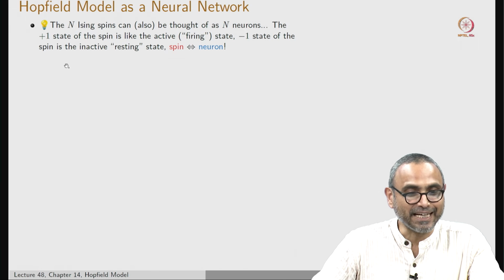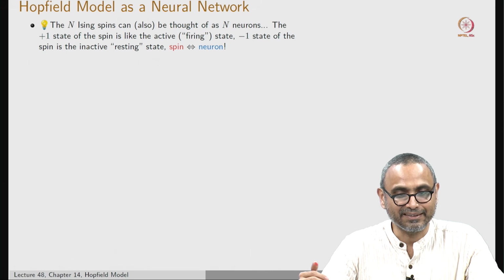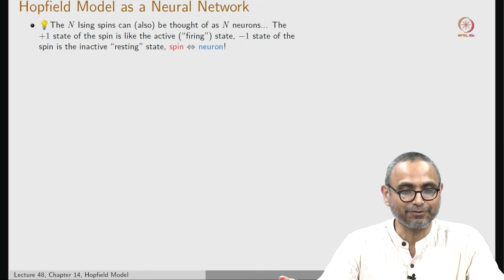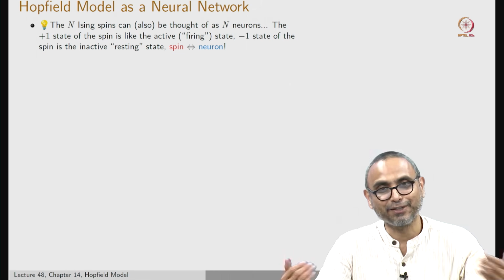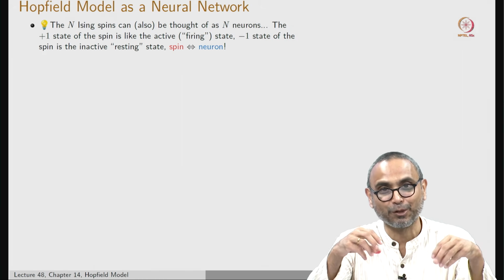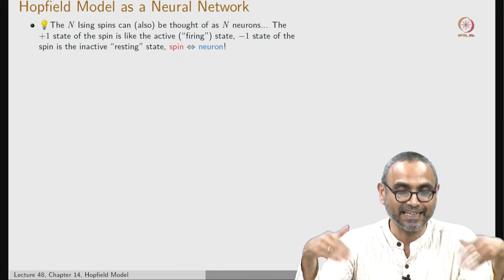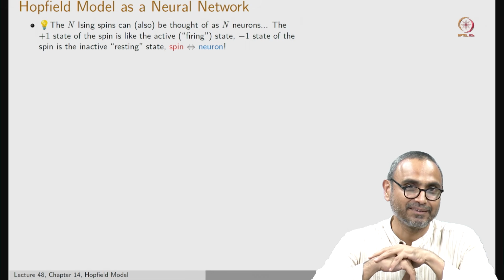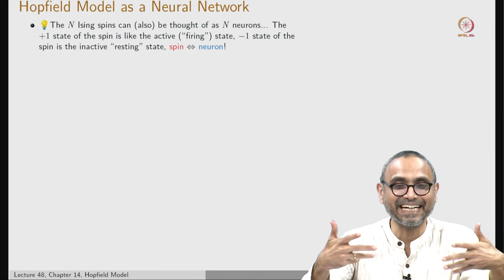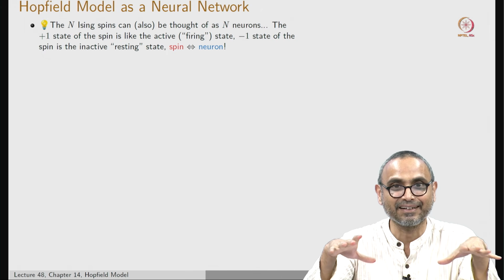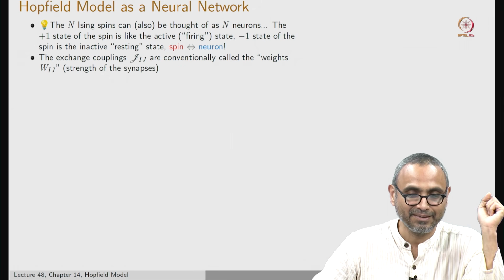The +1 state of the spin is like the active state of the neuron, and the -1 state of the spin is the passive state of the neuron. So in this Ising model, we are now thinking that the spins are also states of neurons. The state of the spin is like the state of the neuron. So when you give me an image, you map it to the spins, and that will initiate the initial state of the collection of neurons, these Ising spins. Okay?